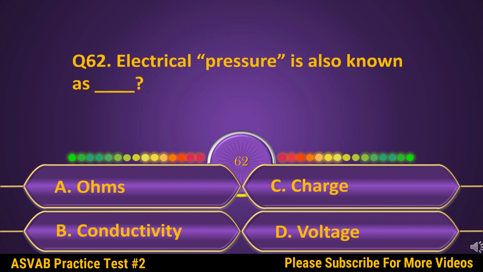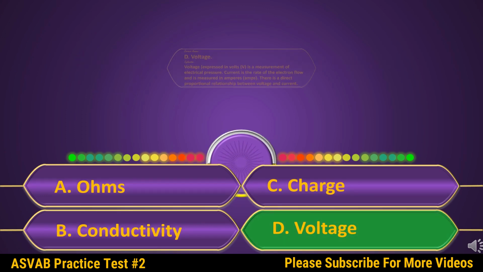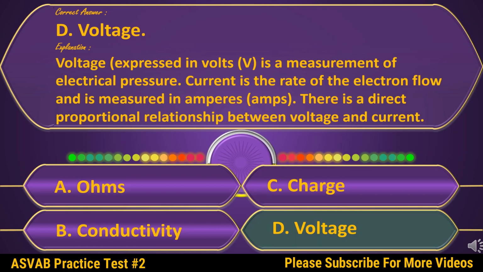Question number 62. Electrical pressure is also known as blank. The options are A. Ohms, B. Conductivity, C. Charge, D. Voltage. The correct answer is option D, voltage.